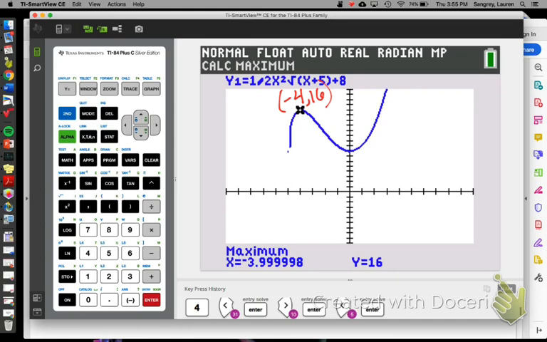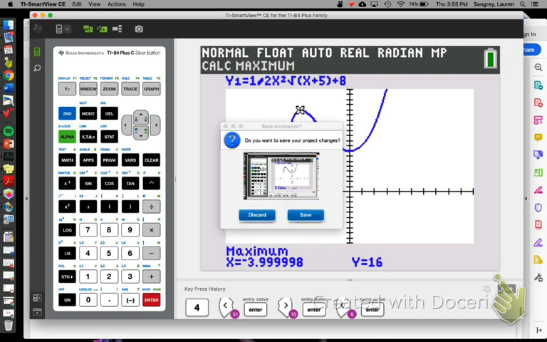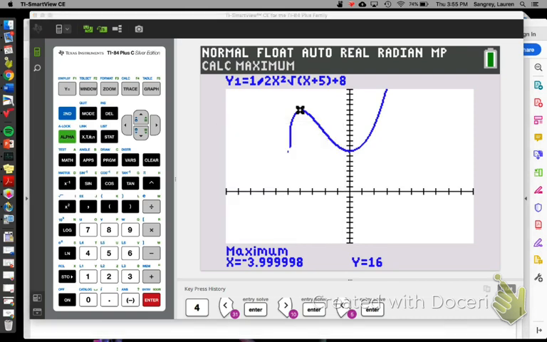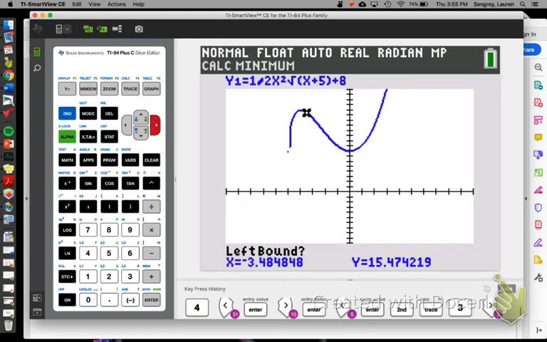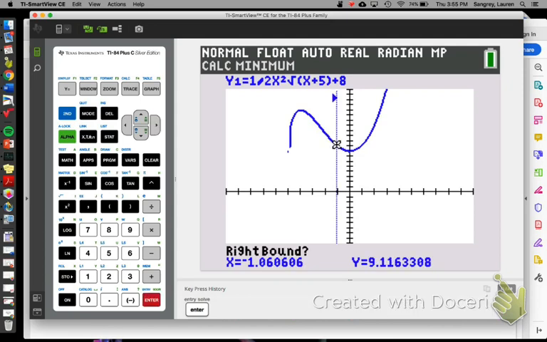Go ahead and pause the video and do the same thing for your minimum. Now, when I do the minimum, you're going to notice we get a funky x value. So I'm left bound, right bound, and a guess.